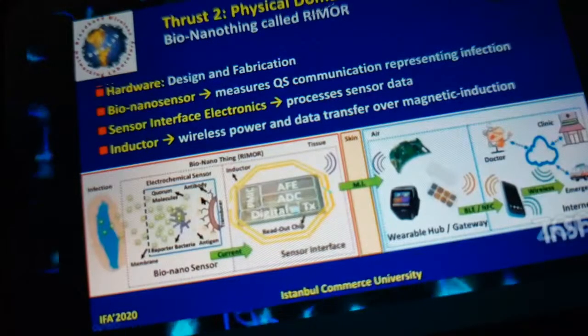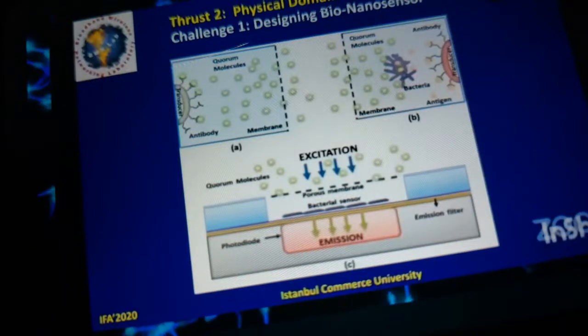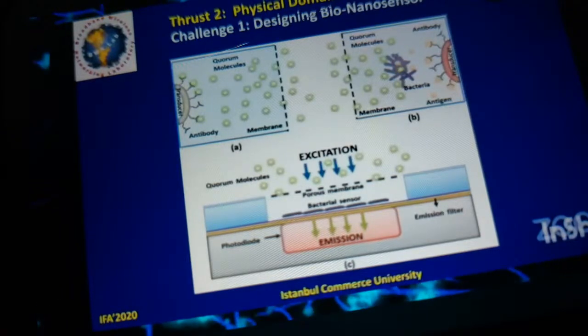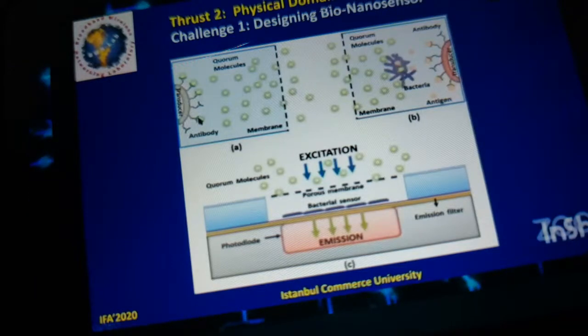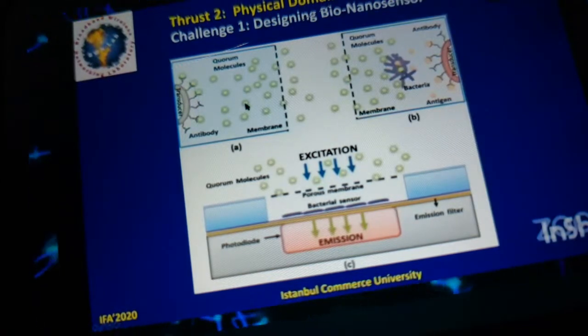So that's more technical. In this case, we have three different sensing types, or sensing units, of the BioNano Things that we are planning to design and implement. One of them is called the electrochemical sensor, as you see here. There are functionalized electrodes that directly bind with quorum sensing molecules, like here, right? That's the first one.